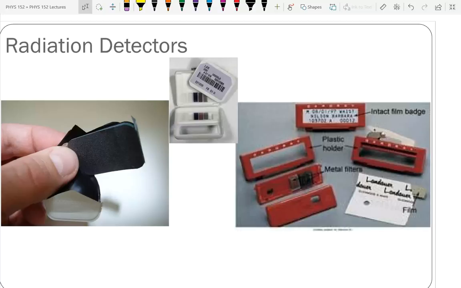And so then every month, your badge gets taken, they develop the film, they look at how much exposure you received, and they tell you, by how much the film was darkened, how much radiation went through your body of different types. And we never believe them.